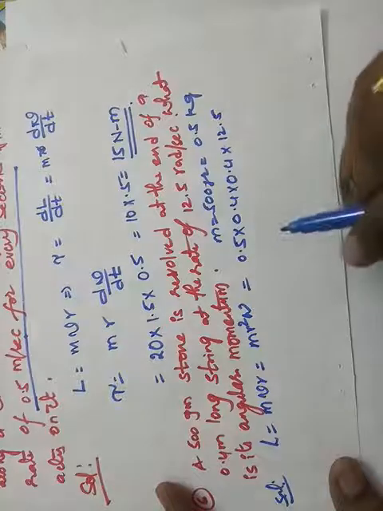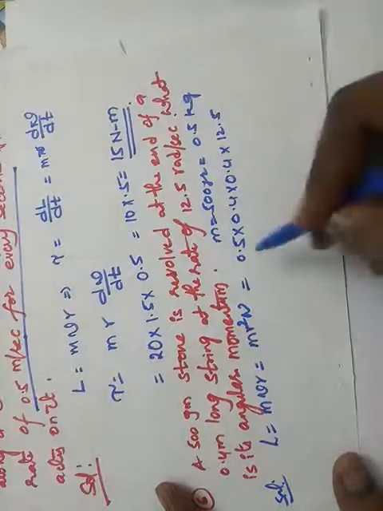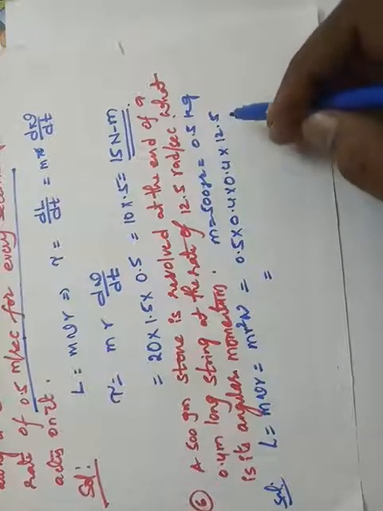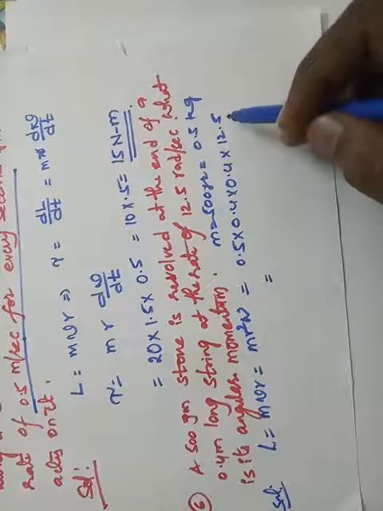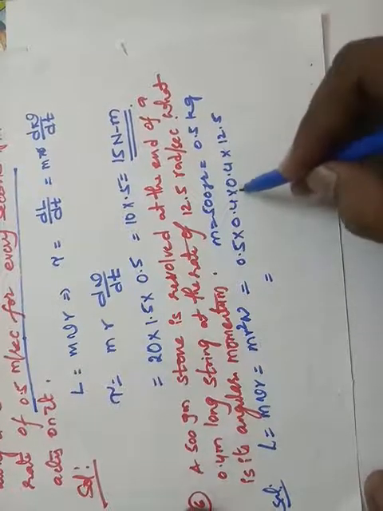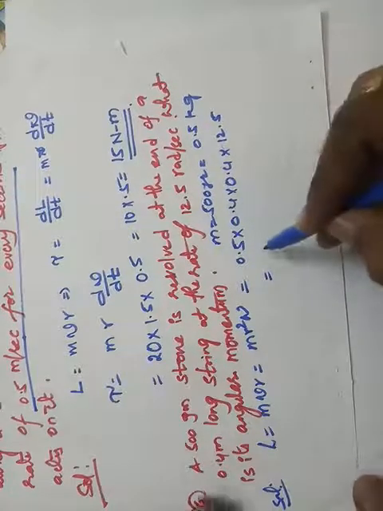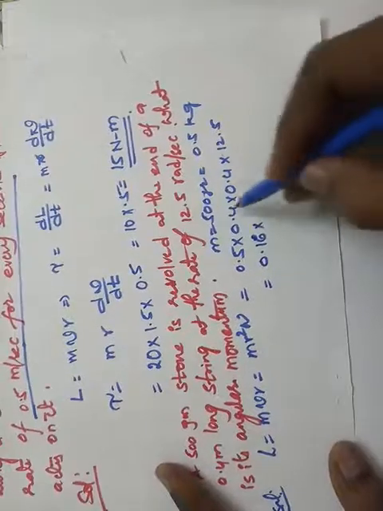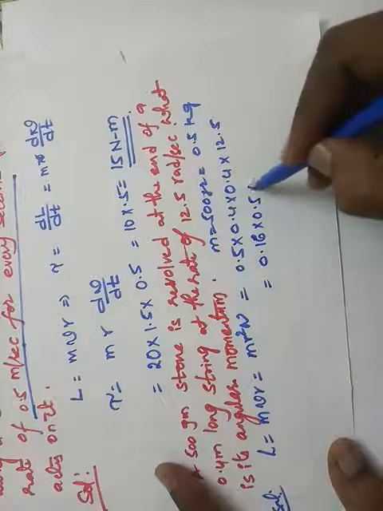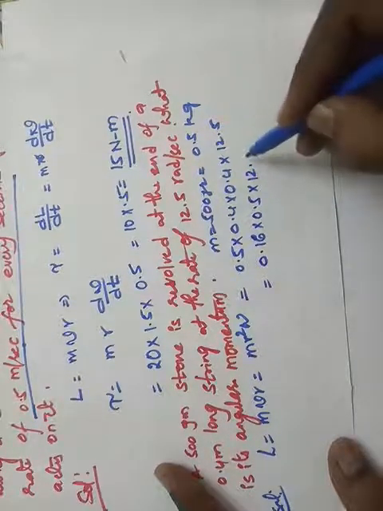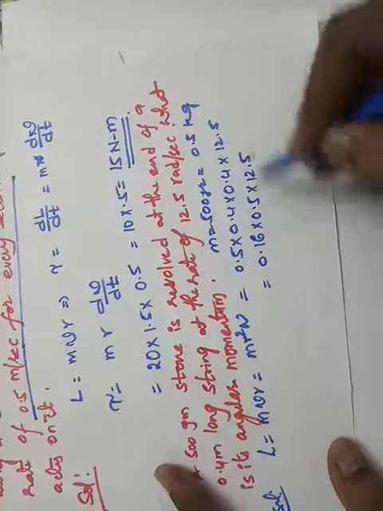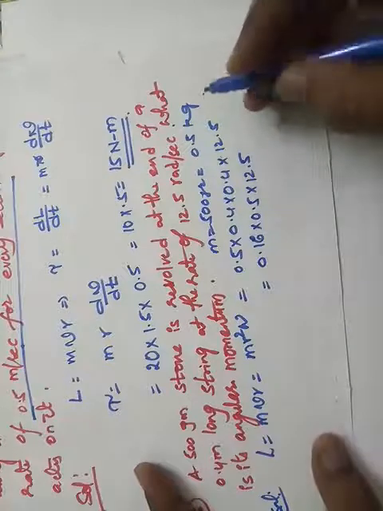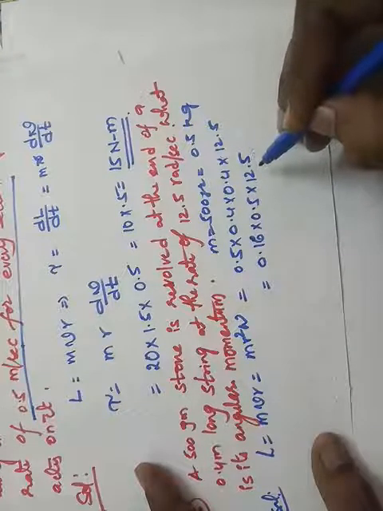So finally, solving this, 0.16 into 0.5 into 12.5, we get 1.0, that is, the angular momentum.